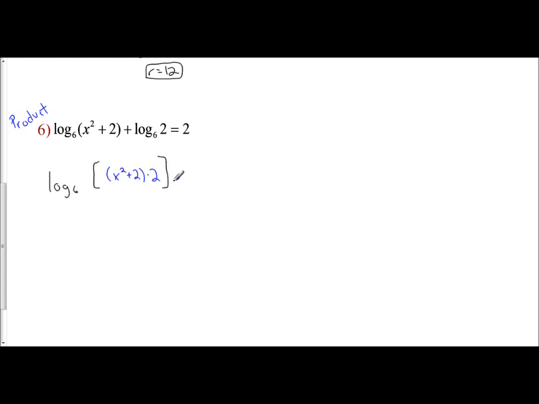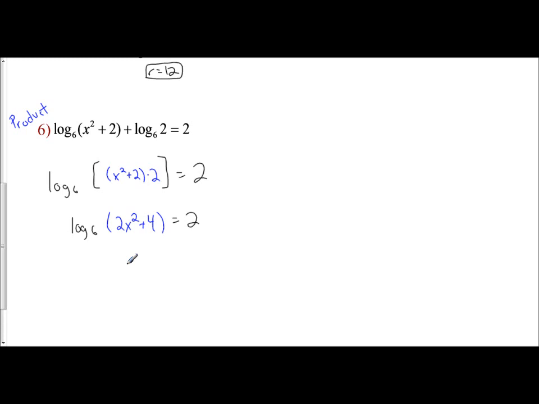And the right side just stays the same because there is no log there. So really, I'm taking log base 6 of the quantity 2x squared plus 4 if I distribute. And that equals 2.